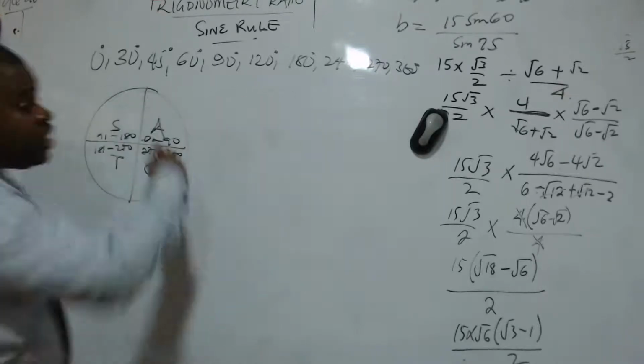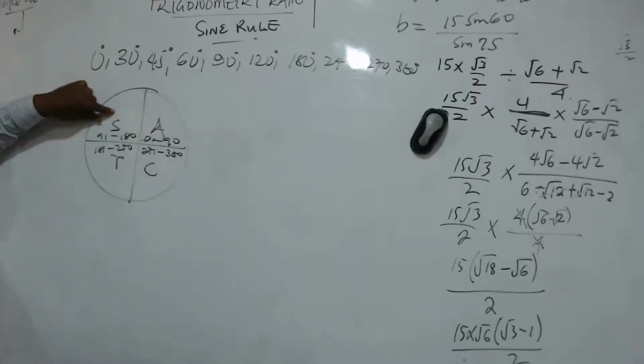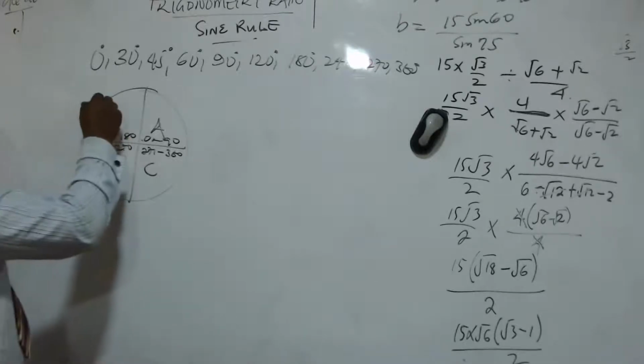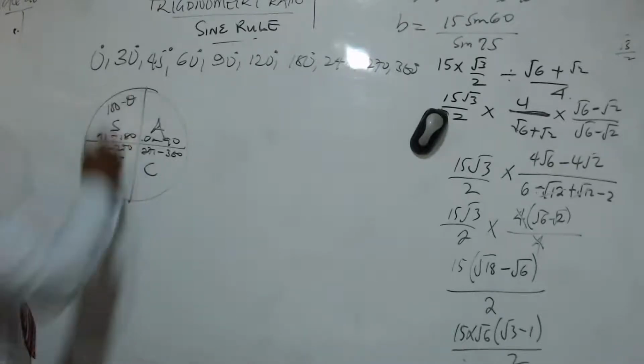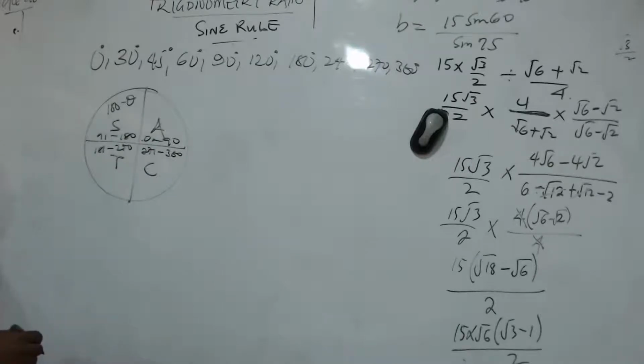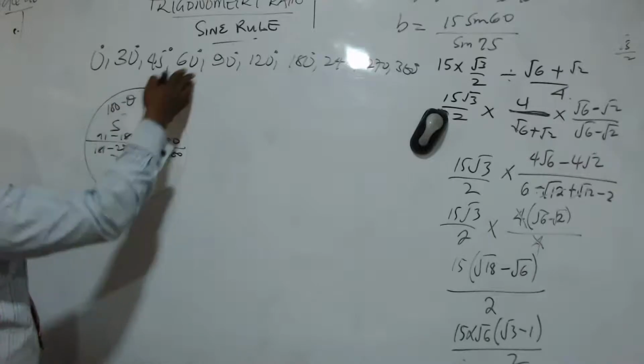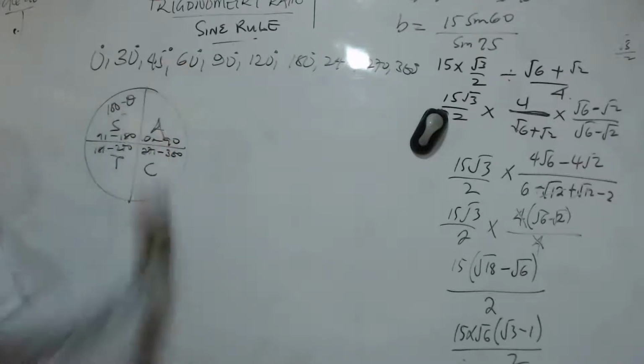Now, look at this value. Where did it fall? It falls here now. So it's easier for us to get this value. How? Here we said 180 minus theta. Don't forget. So for 120 this, I'm going to have 60.